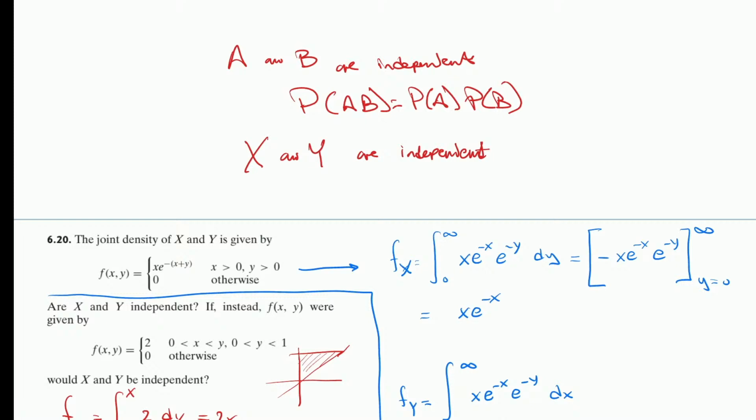So the way that this looks in joint density function land is that the joint density function will be the product of the marginal densities. And marginal densities are just the density function, the probabilities for x if we ignore y, and this is the probabilities for y if we don't care about x.